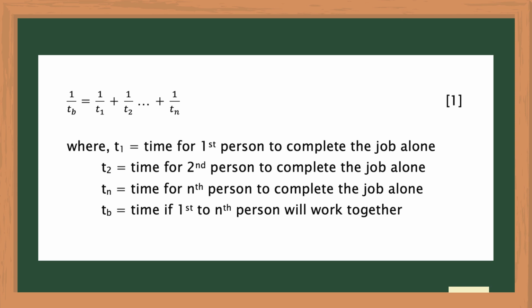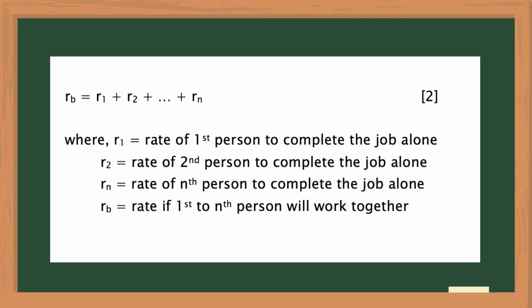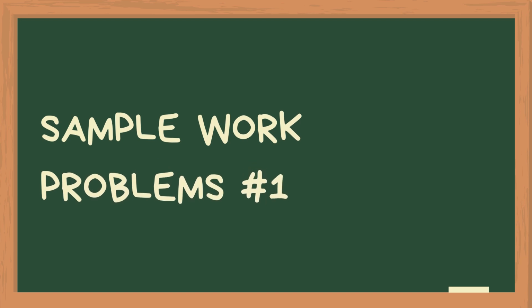In work-related problems, we can also express equation 1 as r sub b is equal to r sub 1 plus r sub 2 up to r sub n, where r sub 1 is equal to rate of first person to complete the job alone, r sub 2 is equal to the rate of second person to complete the job alone, r sub n is equal to the rate of nth person to complete the job alone, and r sub b is equal to the rate if first to nth person will work together. In the examples below, we will be using equation 2 to solve the problems.